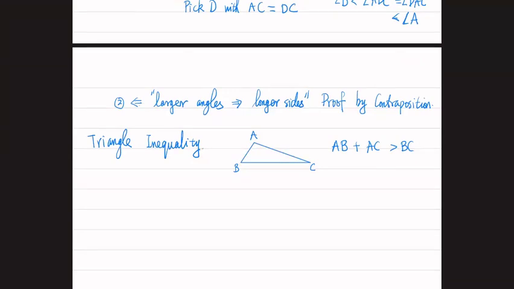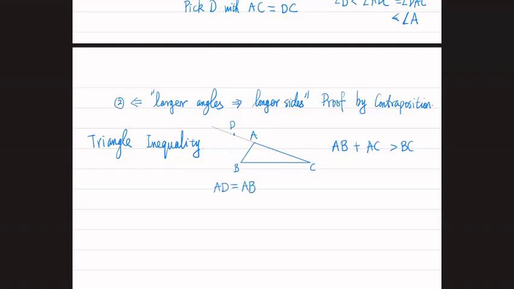So to prove this, we will extend AC. How far do we go? We stop when we get to D with AD equals AB.